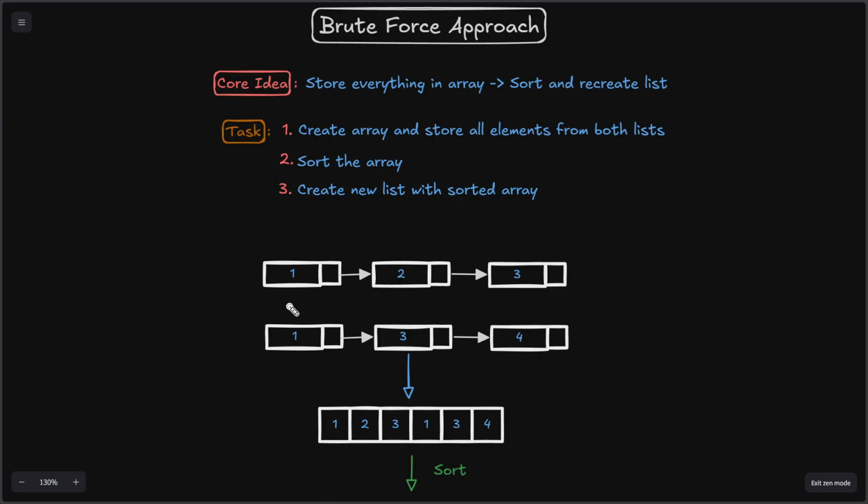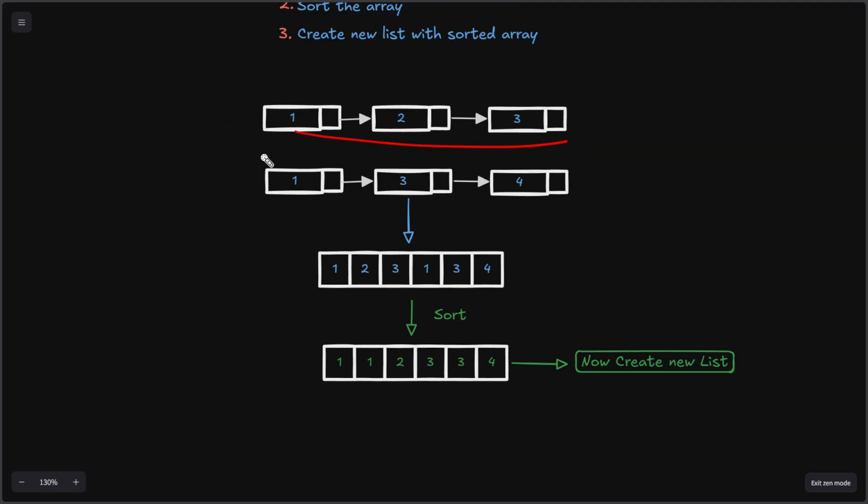You'll store all the elements from list 1 first, then from list 2, then sort them, and then create a new list. Although we are breaking the rules of this question, we have to see what the issues are in the question.